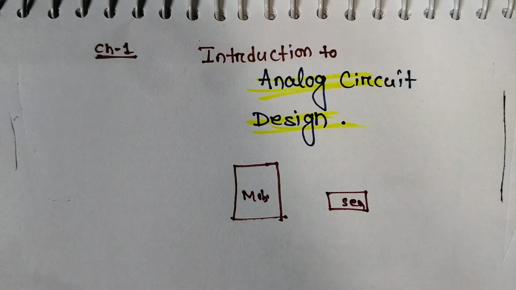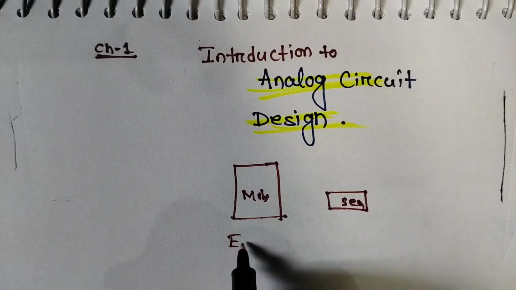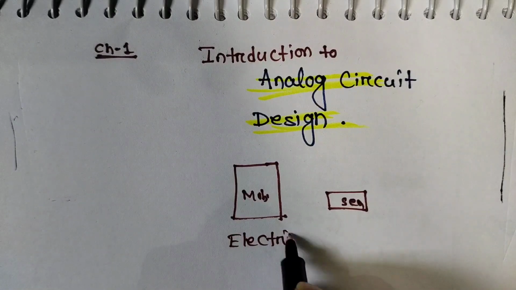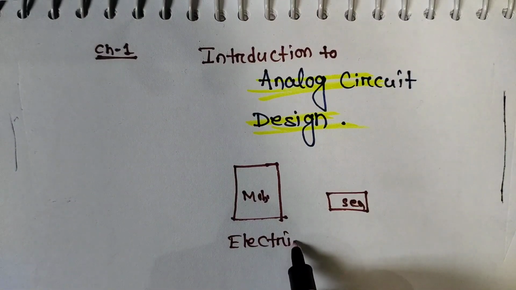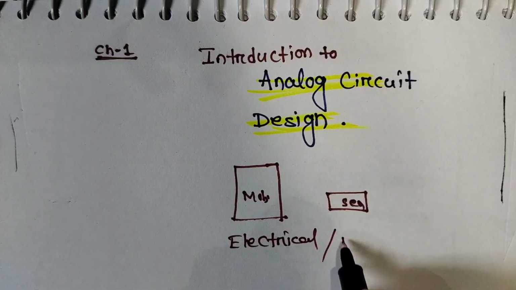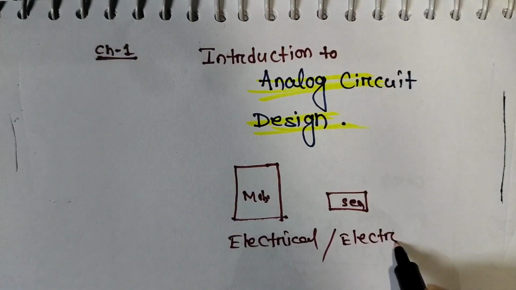For that reason we require an analog electronic circuit, so that we can convert the voice to a particular electrical signal.